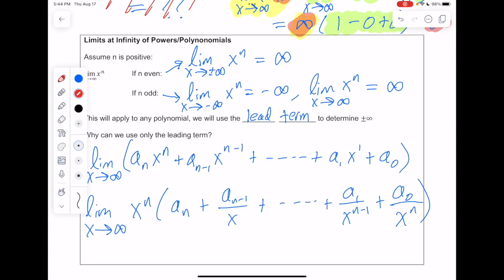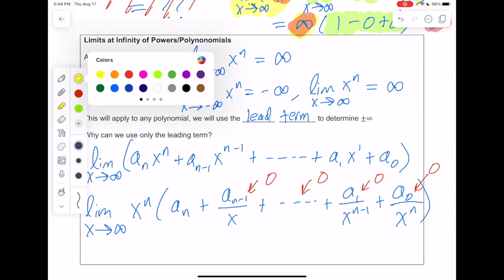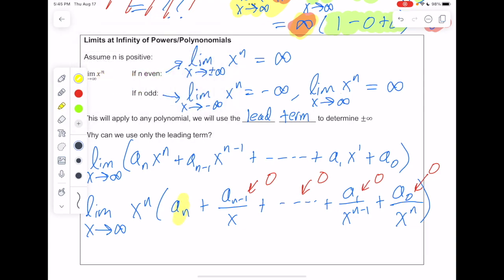So the lead part goes to infinity, but this piece right here would go to 0. This piece right here would go to 0. This piece would go to 0. All the ones in the middle would go to 0 because all of those have a constant in the numerator and an x in the bottom. So what would be left over is just these two.